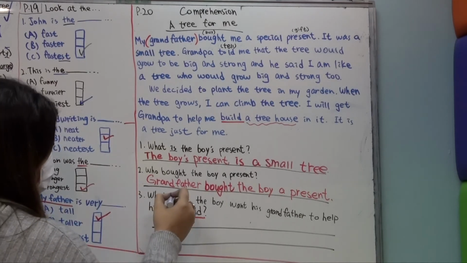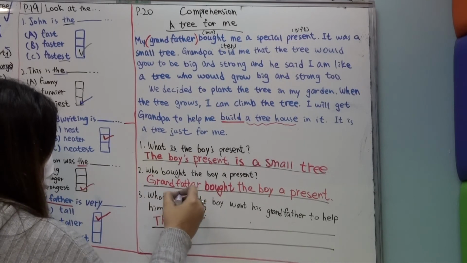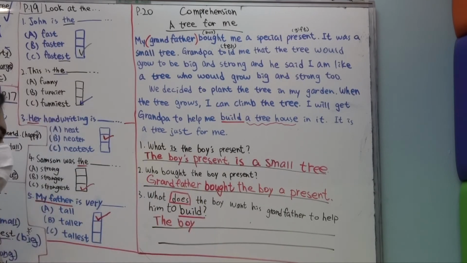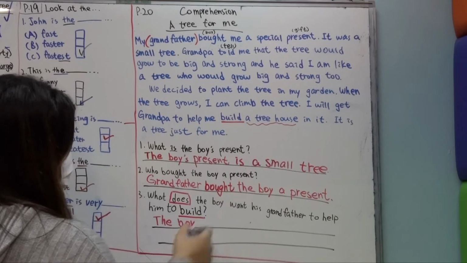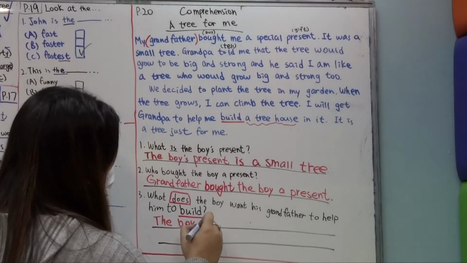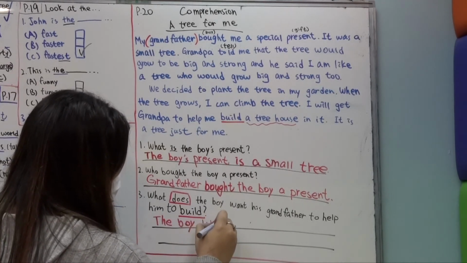Remember, if they ask does, what tense do we use for does? Past tense, present tense, which tense? Present tense, okay? So the verb here is, the boy wants. We add s.